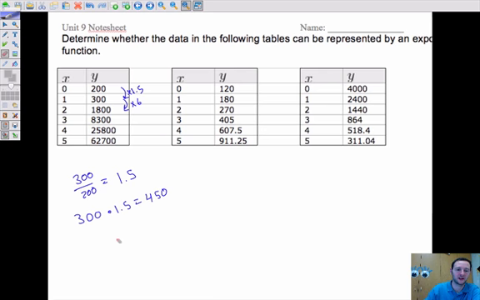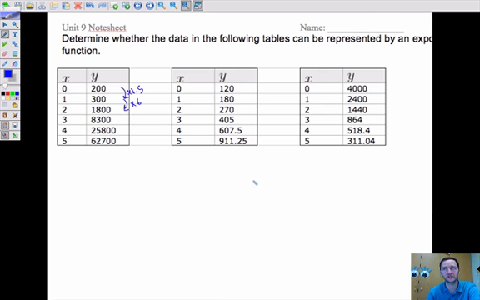To be exponential, it has to have a constant multiplier, whereas linear had a constant rate of change, but it was all addition or subtraction. This has to have a constant multiplier. And it doesn't. We just showed that it doesn't. So this is not exponential.